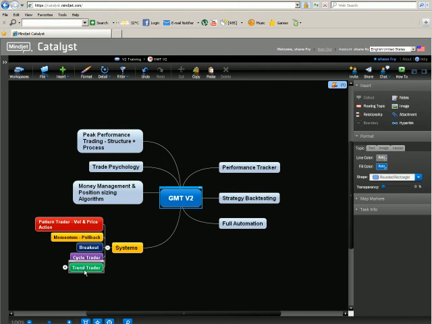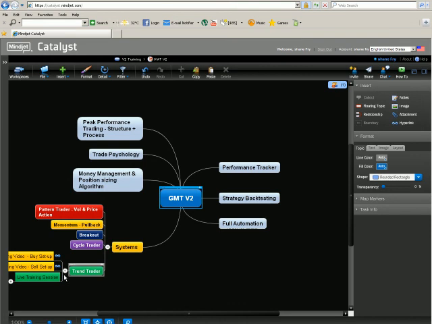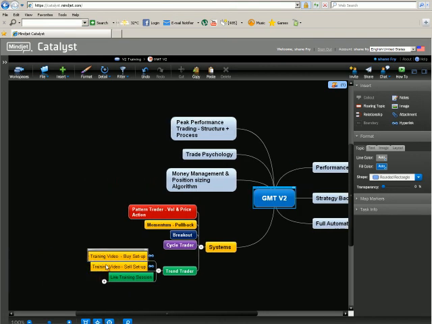So it's come up with the systems based around 5 different strategies. What we've got here is the trend trader. That's one of 5, and you'll see it's got its buy and its sell setup. Obviously tonight's a live training session. Then we've got a cycle trader, breakout, momentum, and then we've got a pattern trader, volume and price action.